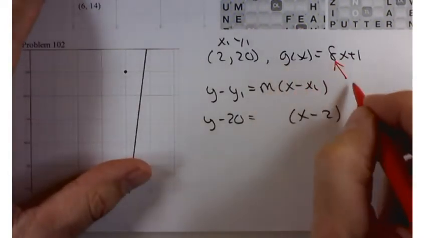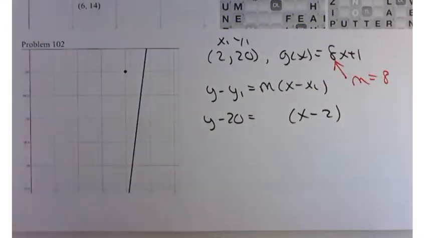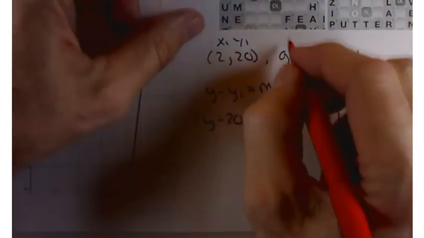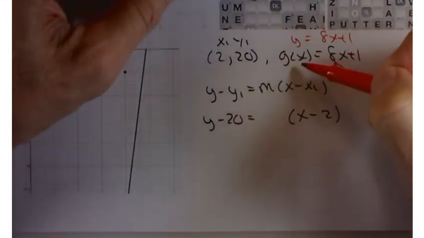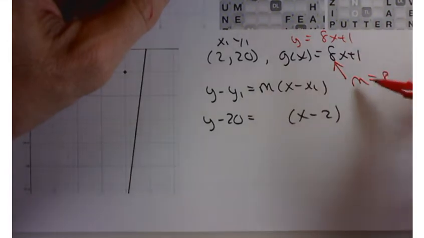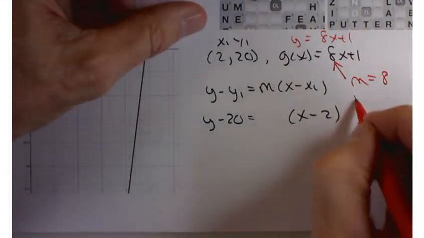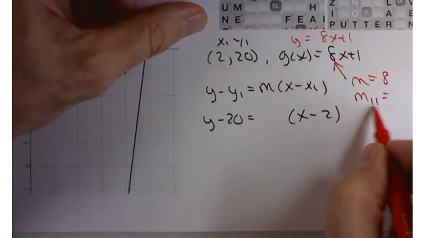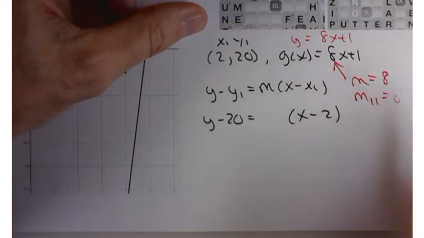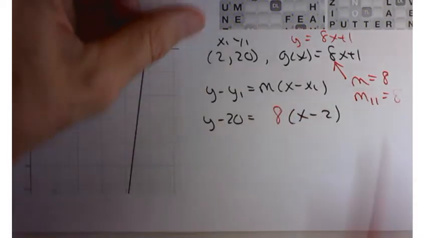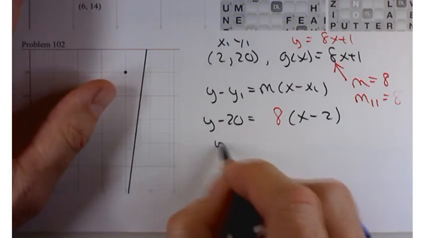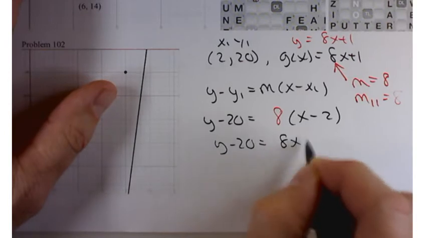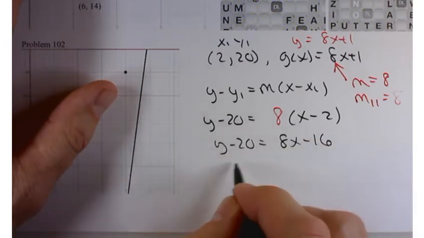Remember, the slope of this line is 8, right? Because it's in slope-intercept form. Even though it's not y equals something, y = 8x + 1, this is equivalent to that. If I put in 8 for the slope, a line that's parallel, that's what I mean by this little symbol here, is also going to have the same slope. So y minus 20 equals 8x minus 16.